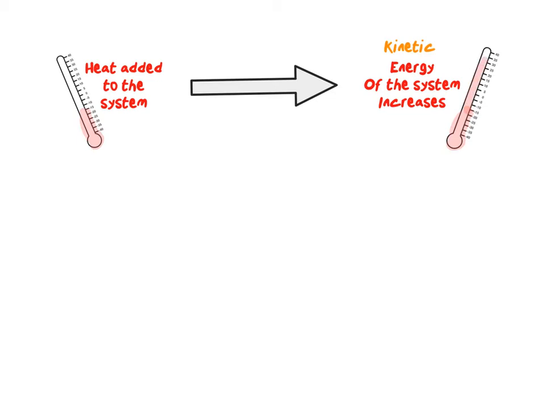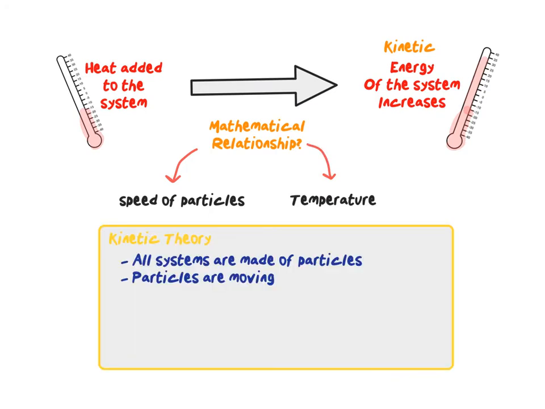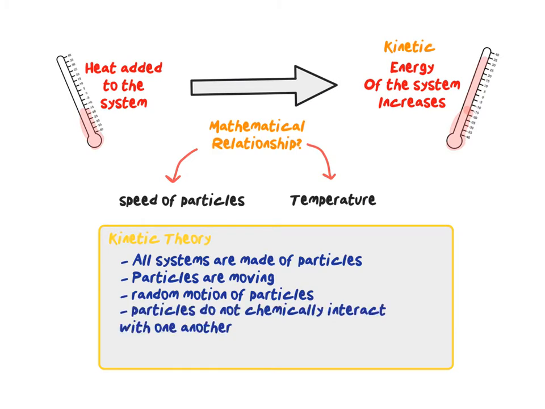So I decided to see if there was a mathematical relationship between the speed of the particles and the temperature. Now, what was important to note, and this is going back to the kinetic theory, is that the particles are moving randomly, or at least they appear to be. They're also not interacting with one another in the form of forming bonds or anything like that, but they do appear to be having elastic collisions.